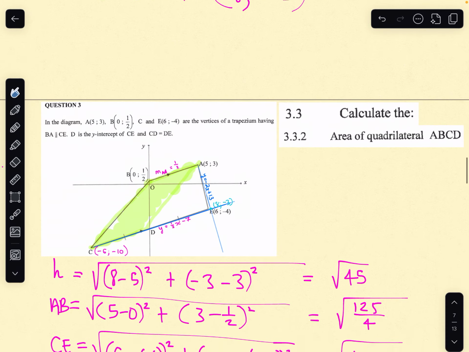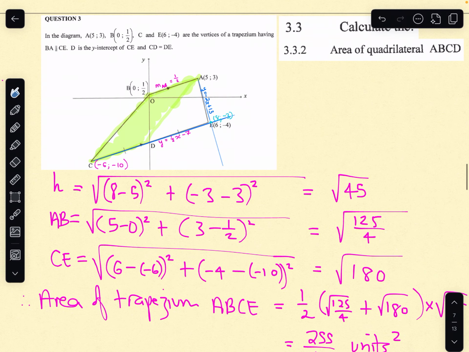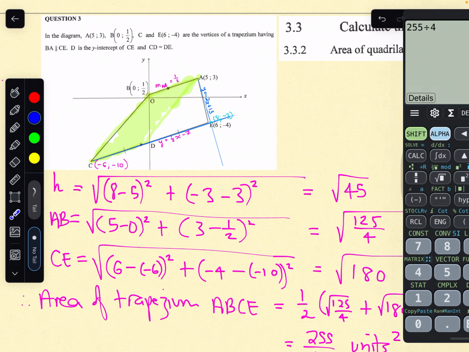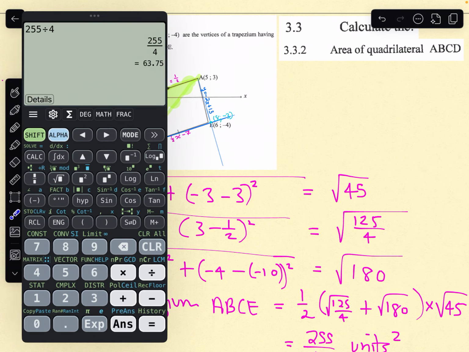Okay, great. So now I proceeded to work out the length of h, this perpendicular height of the trapezium. So that was 8 minus 5 squared, and then minus 3 squared. Let's just use our calculator now to be super safe.